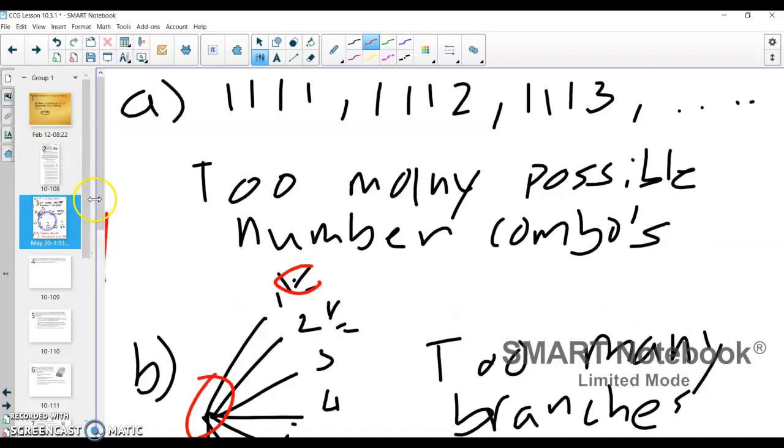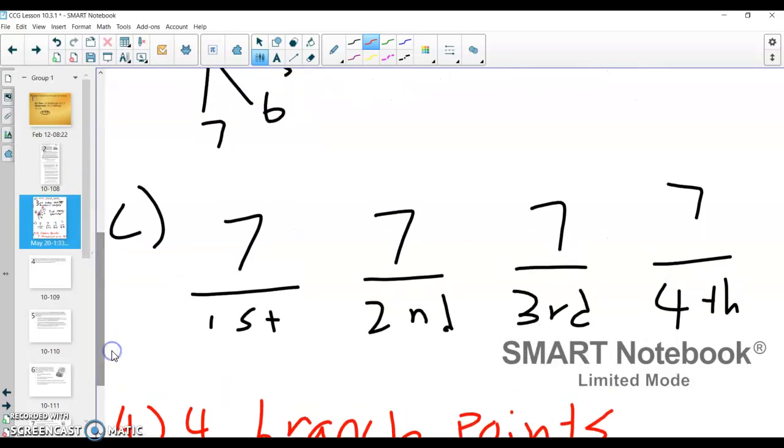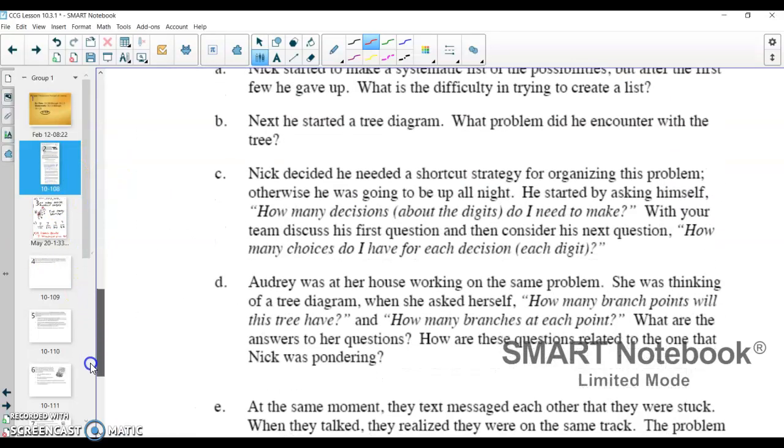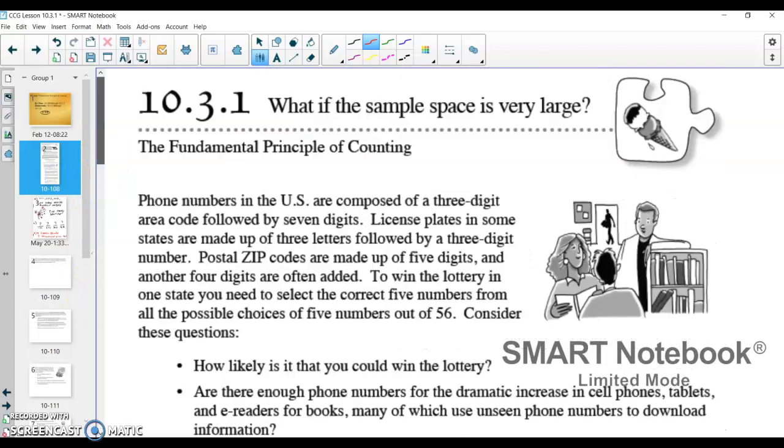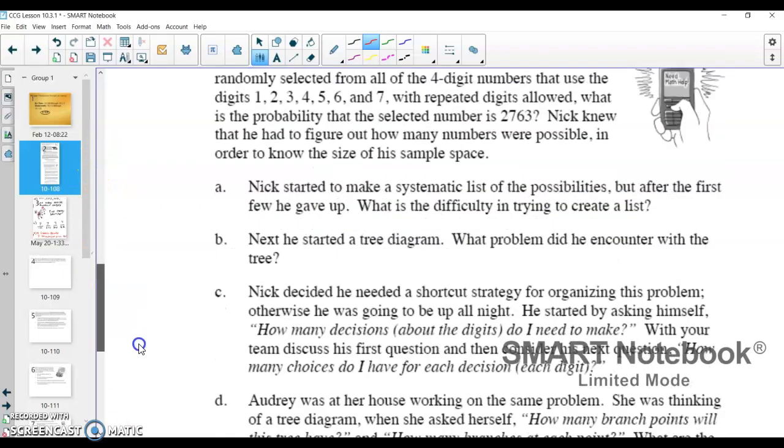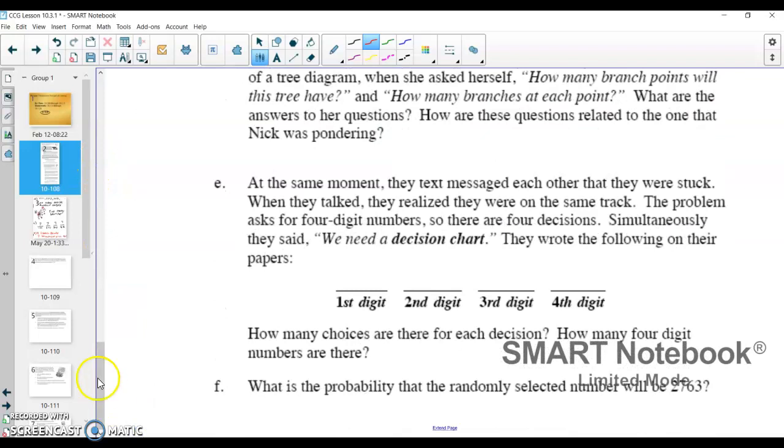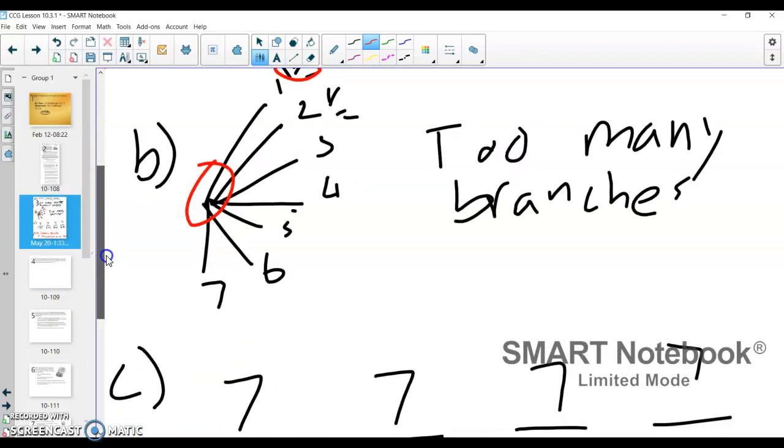So we already talked about how this is what we have right here. We have 4 decisions, 7 digits for each, and so we have 7 choices for each decision. But then we have to take it a step further this time and say, how many 4-digit numbers can we make? How many 4-digit numbers are there if this is what our decision chart looks like?